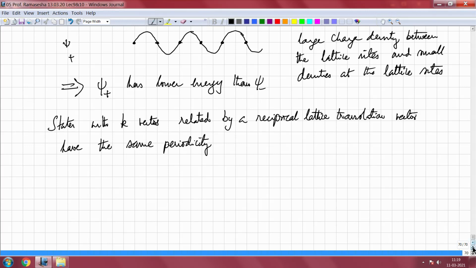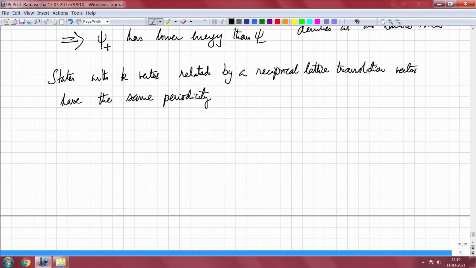In other words, we can do the following. We had k equal to 0, let us say, here, and this is minus pi by a, this is pi by a, 2 pi by a, 3 pi by a, minus 2 pi by a, minus 3 pi by a. So, earlier what we had was a state like this.